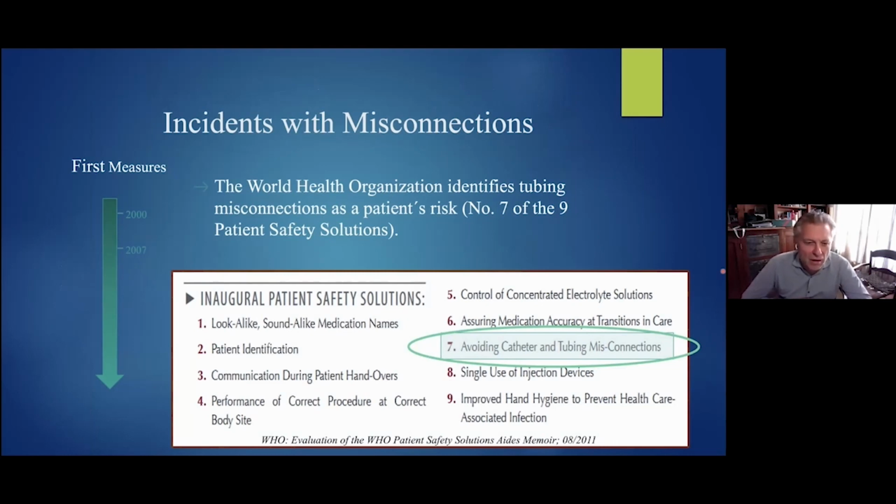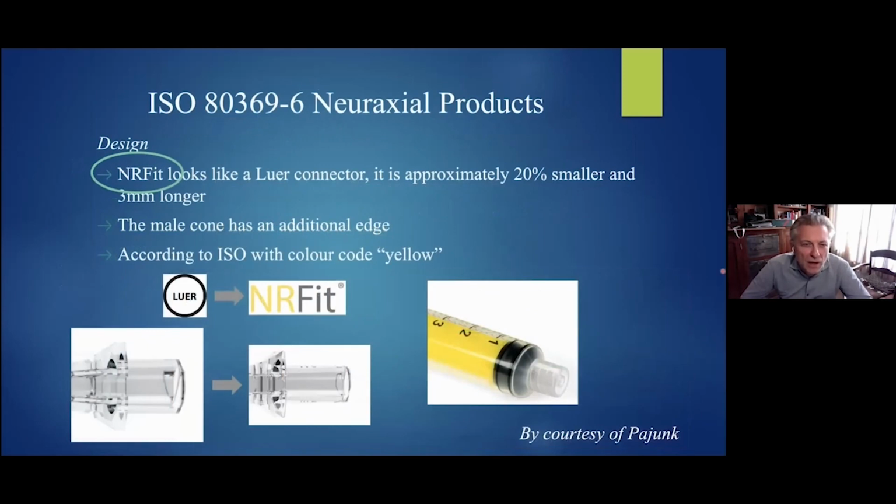And that leads us to the ISO rules, here in this case for neuraxial blocks, where you have a different luer connection for every kind of injection, the NRFit design. Here in this case for neuraxial products, you have a smaller luer connector of 20% and it is longer by 3 millimeters.